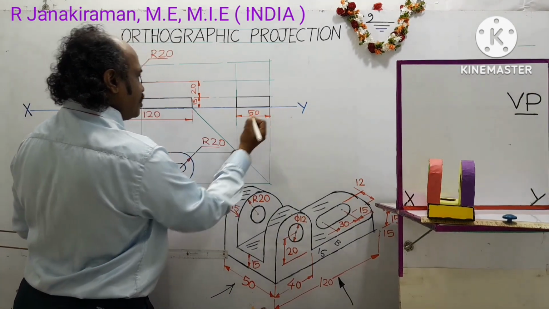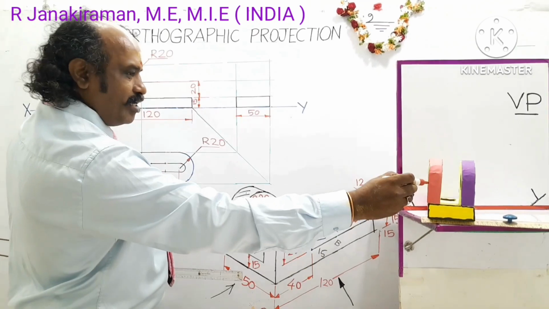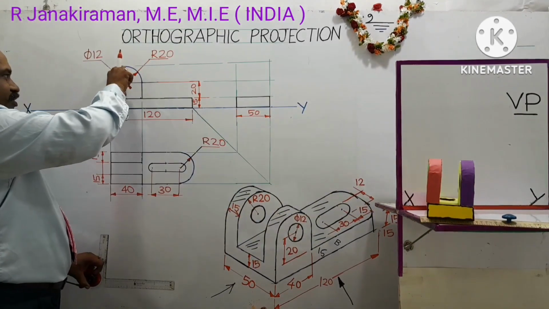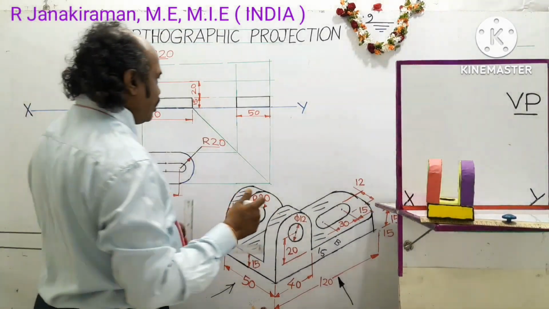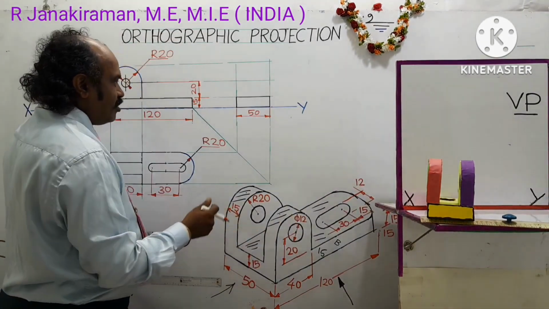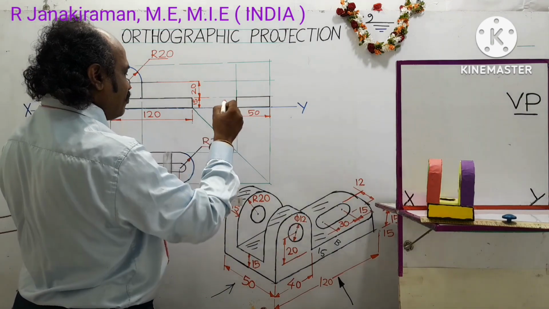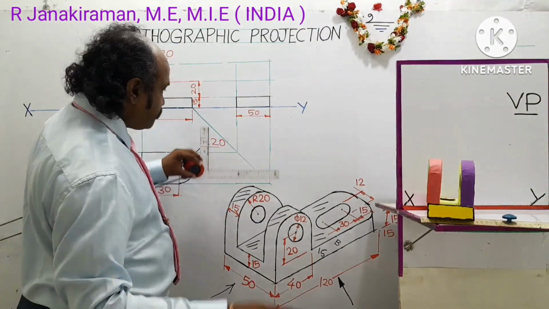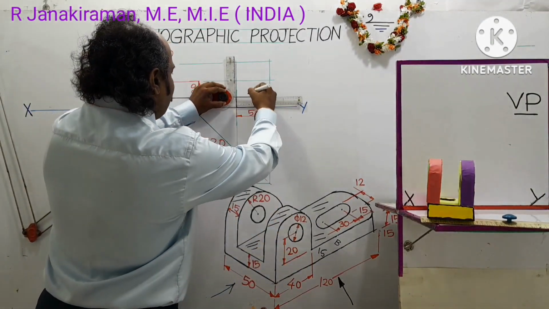That is the breadth of the object. And this red color portion will be the same as the front view height, that you have to understand. So the thickness of the portion is given as 15 mm. From this point you locate 15 mm, draw one line. 15 mm is 1.5 centimeter.